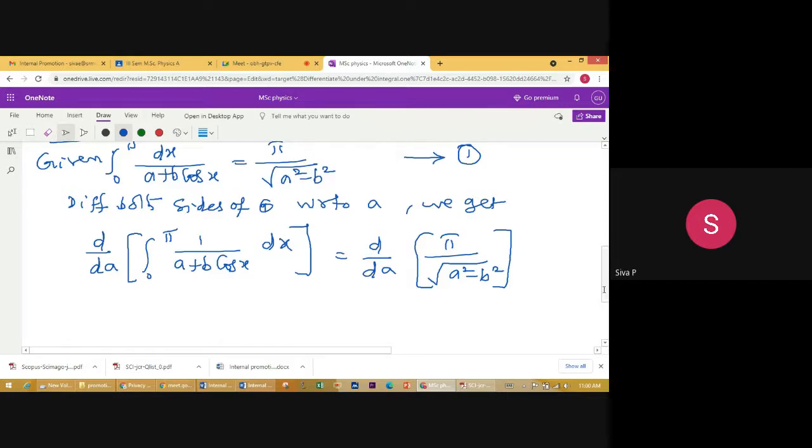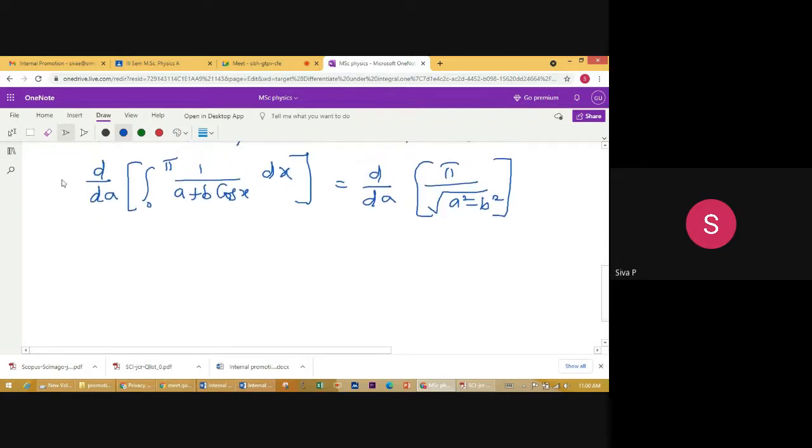So the left hand side, by Leibniz rule, what are the limits here? Limits are constant.